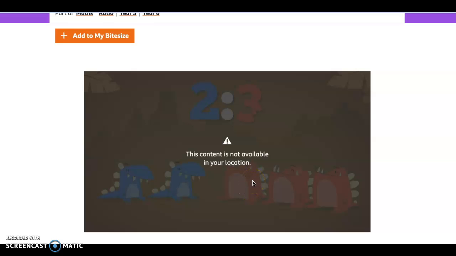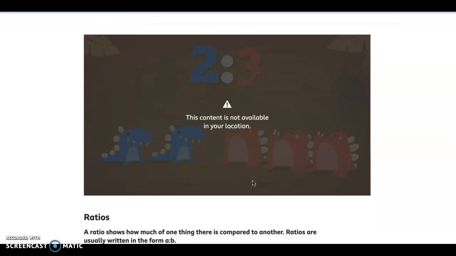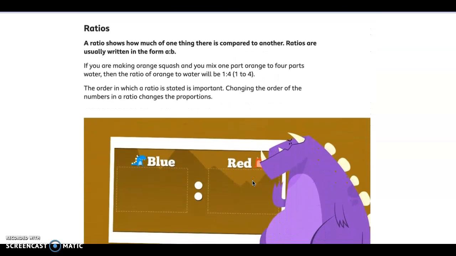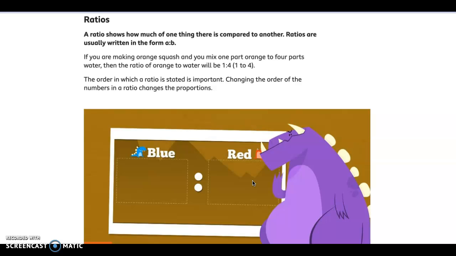So really exciting, right? Dinosaurs, monsters, whatever these are, ready to show you 2:3. Again, we'll learn that language, but it's not available. So it's good to pop open websites, review them, rehearse how you're going to use them, and then have them at the ready. So for this one, we should have been sliding down.